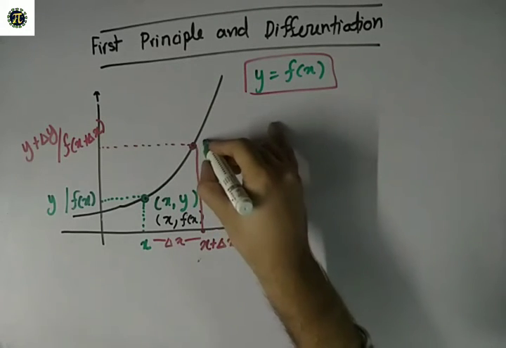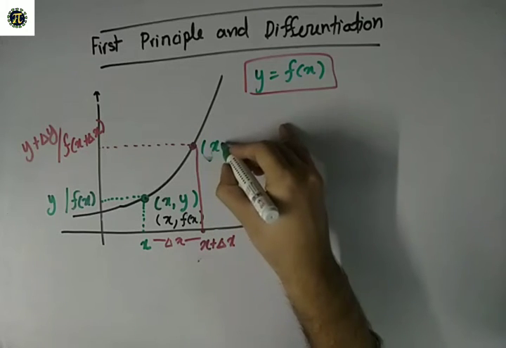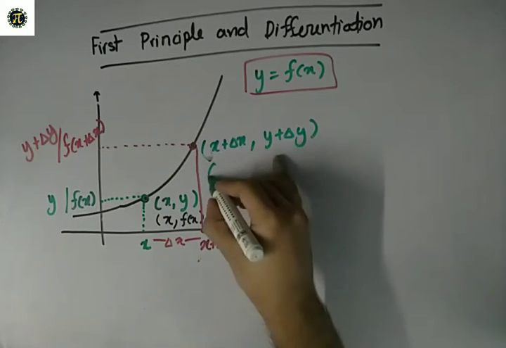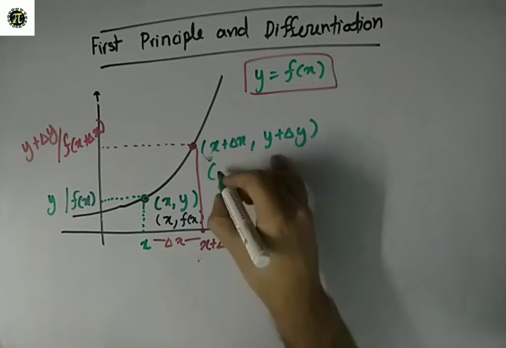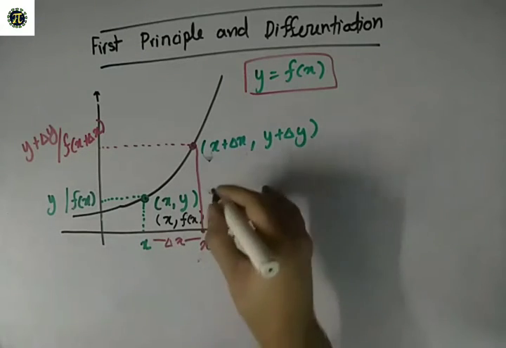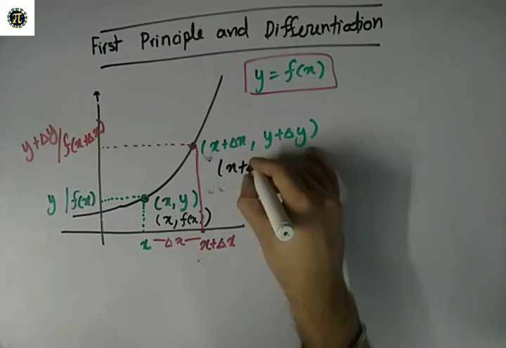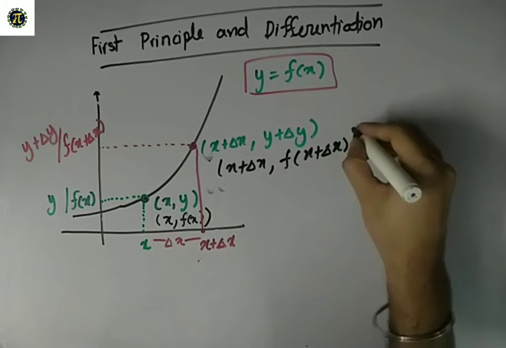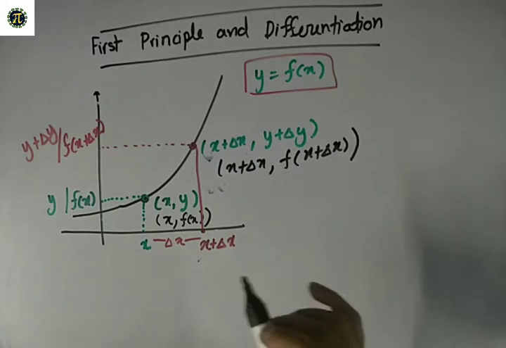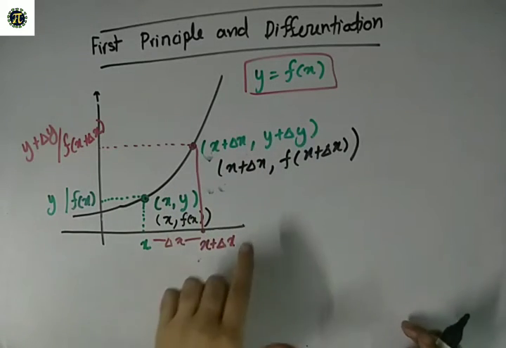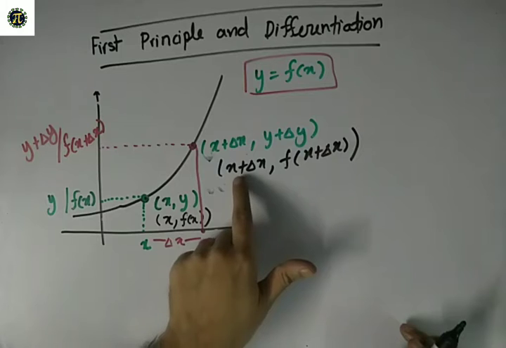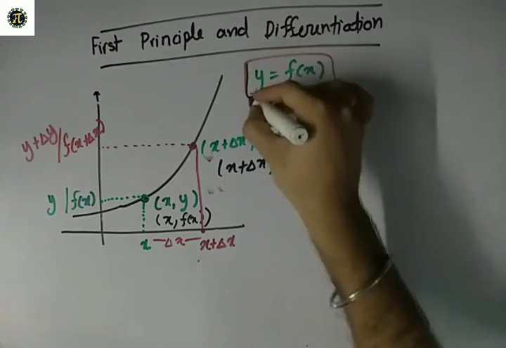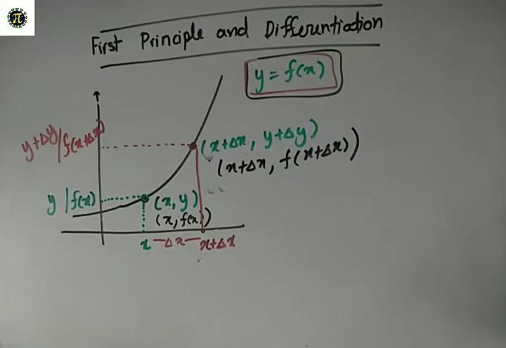I want to mark this coordinate as (x plus delta x, y plus delta y), or (x plus delta x, f of x plus delta x). It's just the x, y coordinate. Since our value of x is x plus delta x, at that point the y coordinate will be f of x plus delta x, because this is the function that we have.